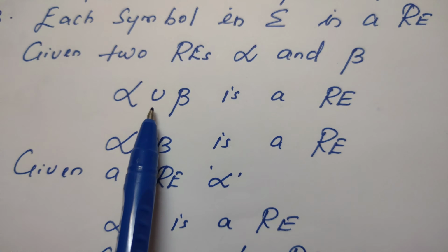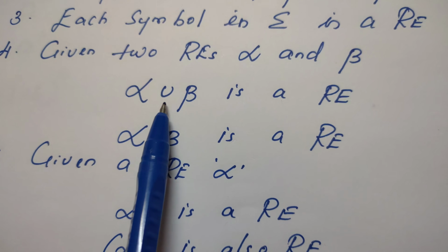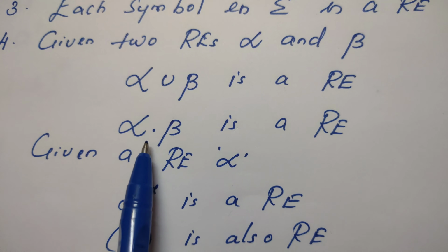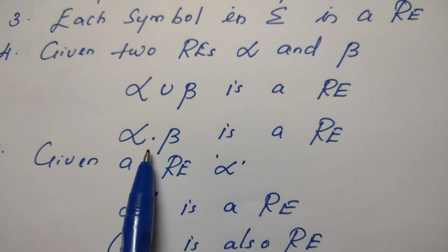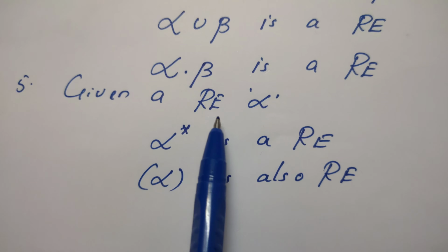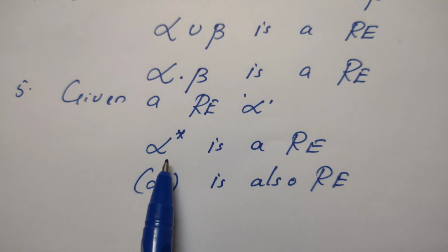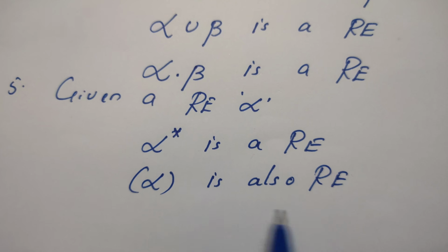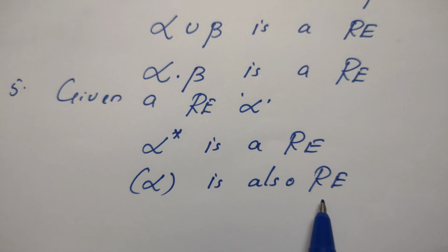This U is the union operator, otherwise it can be called the either-or operator also. This dot is an operator, which is known as the concatenation operator. Given a regular expression alpha, alpha star is a regular expression, and alpha inside the parentheses is also a regular expression.